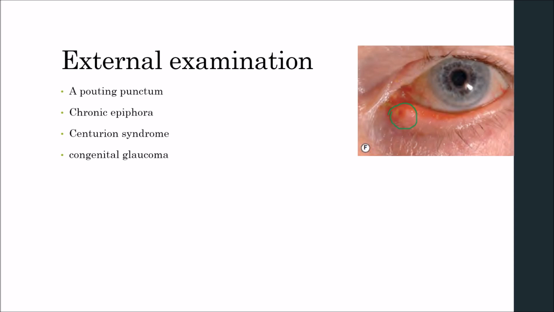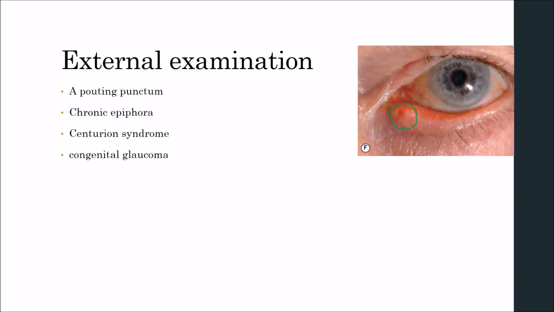The eyelid skin will often be moderately scaly and erythematous in chronic epiphora. Centurion syndrome is characterized by anterior malposition of the medial part of the lid, with displacement of the puncta out of the lacus lacrimalis due to a prominent nasal bridge.